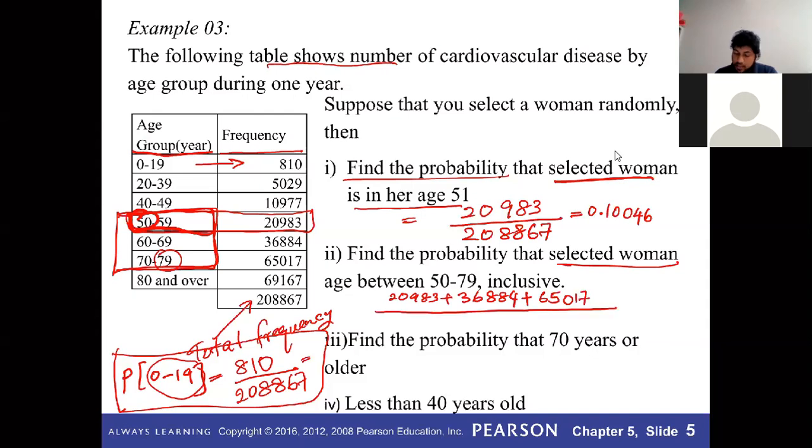So this sum is divided by the total number of possible outcomes, which is 20,88,67. Okay, so once you use your calculator with these values, no problem. Actually, you have to use your calculators, otherwise it is impossible to do these calculations by hand.